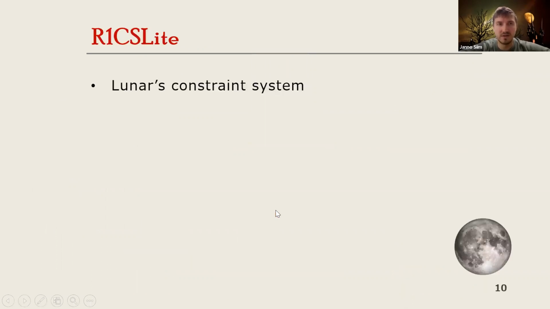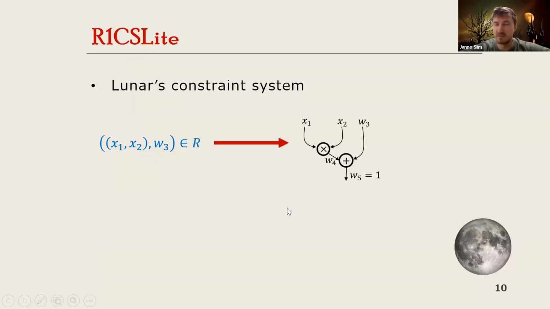We used the R1CS-like constraint system. This was first proposed in Lunar. In particular, let's imagine you have some relation, you have some public input x1, x2, and some witness w. Then you can write your relation as a circuit. And then typically what you would do next is use R1CS.